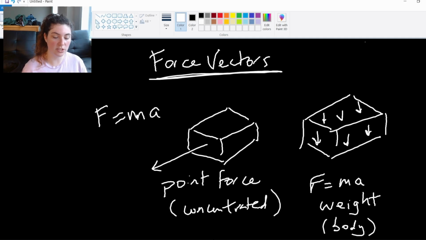Other forces, you'll see frictional forces and normal forces. So looking at this box again, as the box sits on the floor, why does it not fall through the floor? Well, that's because the ground is exerting a force right back up, keeping the box in place. So we have this normal force acting on the box that prevents it from just falling through the floor into oblivion.